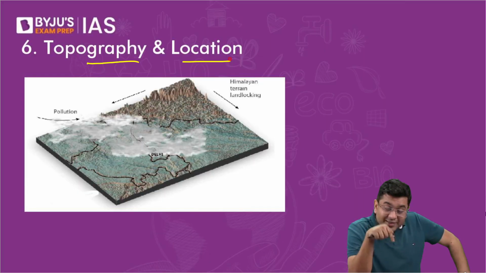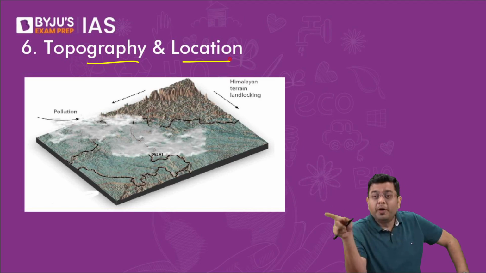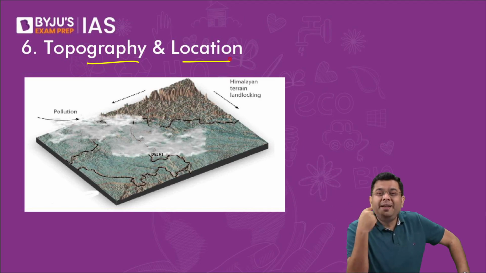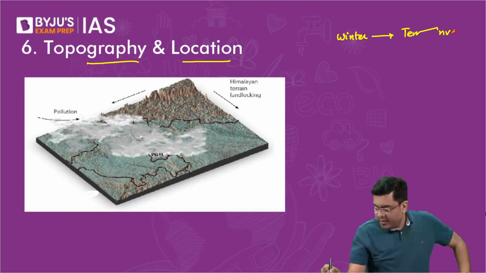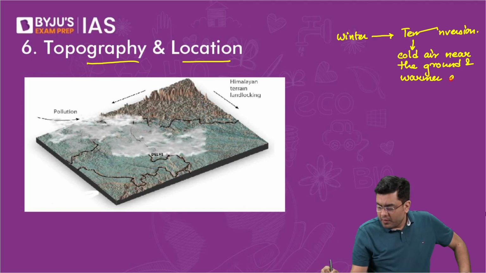Because during these months of late October, November, December, winter starts to come in. And when winter comes in, that leads to temperature inversion, which means cold air near the ground and warmer air above.